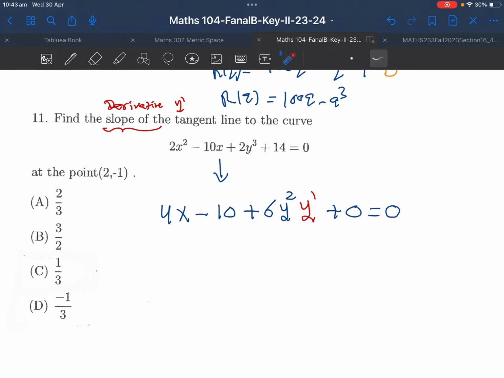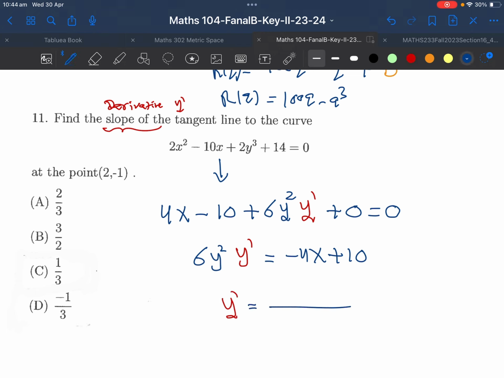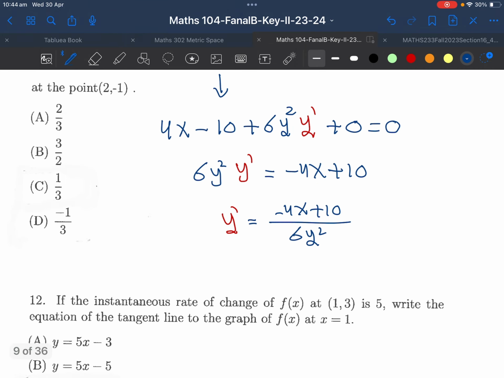Now, I want to find y prime. So take everything to the other side, and it will become minus 4x plus 10 equals 6y squared y prime. So y prime alone is just negative 4x plus 10 over 6y squared.